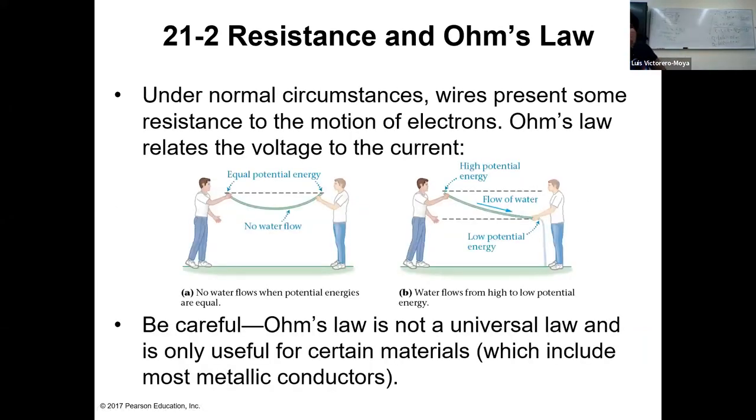Ohm's law is not really a universal law. Why? Because a lot of materials are what we know as non-ohmic materials. They don't follow Ohm's law. Tomorrow, before class, we're going to be given two different materials, a resistor and a light bulb. A resistor, which is ohmic, you will find that it will follow this.